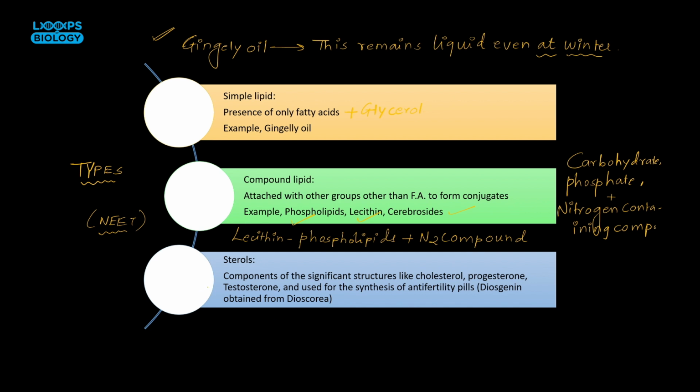Next case, your sterols. The sterols are basically containing a ring-like structure. Alright, and this constant ring is carried in all of their structure. Maybe it can be your cholesterol, it can be progesterone, it can be testosterone, or used in different anti-fertility pills. So for this, diosgenin and Dioscorea are one of the main things.